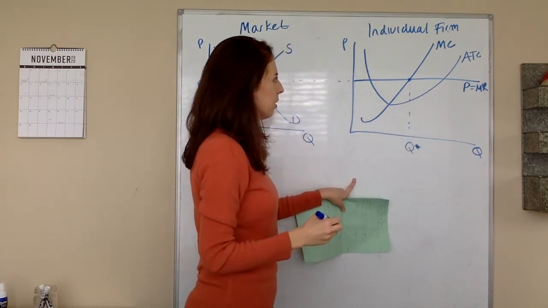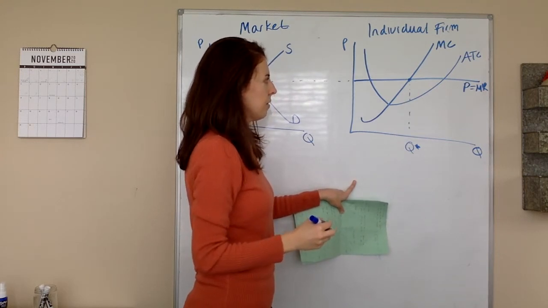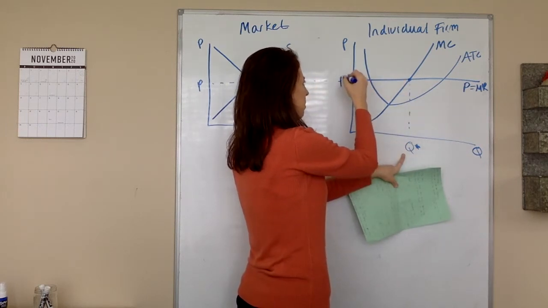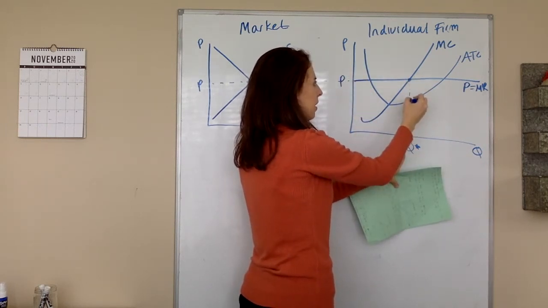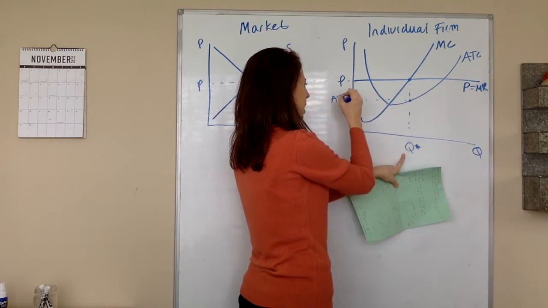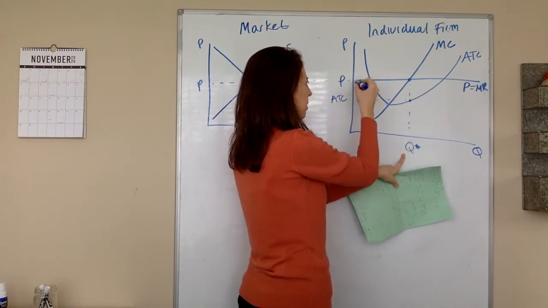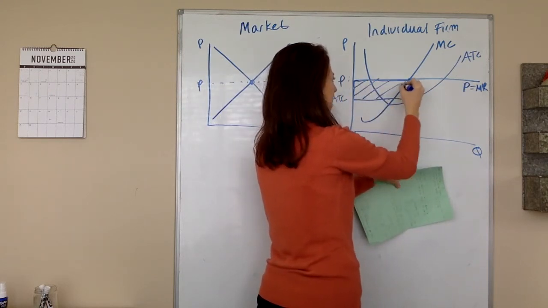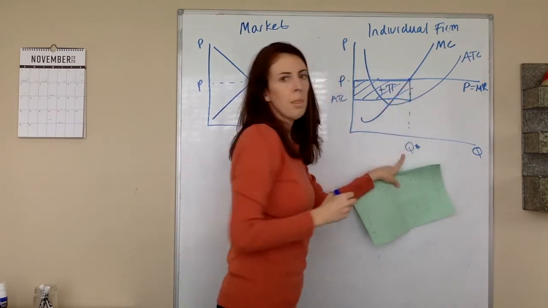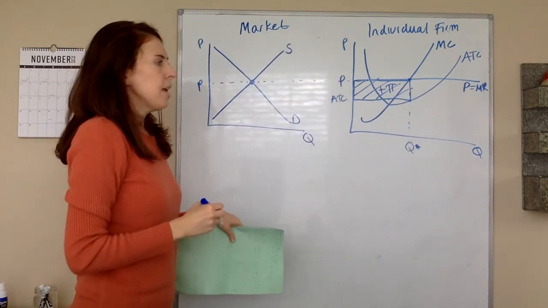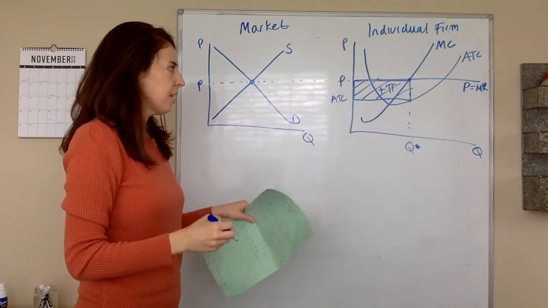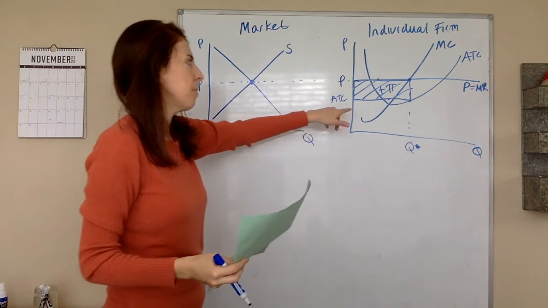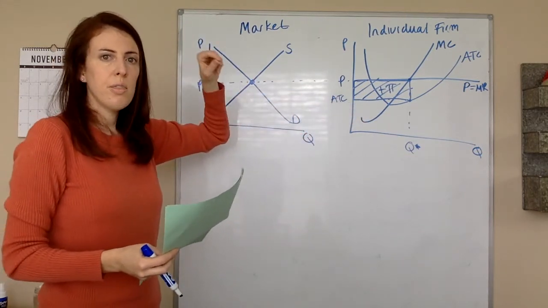Okay, the firm owner looks at the situation now. He says, okay, if I produce this number of units, here's going to be my price. Here's going to be the average total cost of making each unit. This is going to be the positive profit that I'm going to have. If each firm is selling an identical product, and a whole bunch of firms are making positive profit, then think about the market.